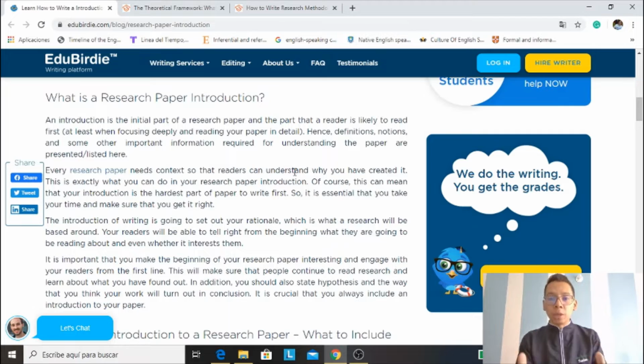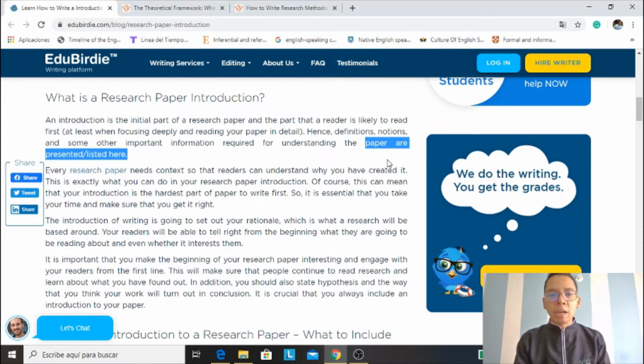Okay, so your readers, in this case the teacher and the tutors, they will read first the introduction of your investigation for them to have a clear idea about what you are going to talk through the investigation, okay? Hence, definitions, notions, and some other important information required for understanding the paper are presented or listed in here. As you can see, they mention listed, presented here. You don't have to do a list.